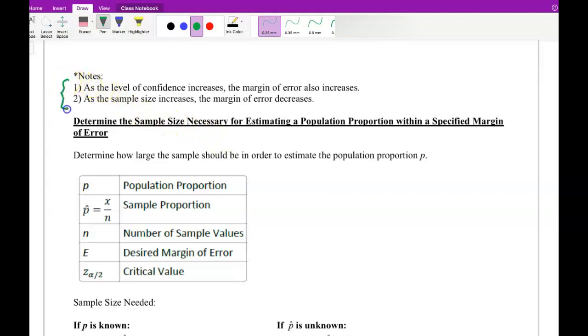We also have these two, based on what we covered already. If the level of confidence increases, that means the margin of error also increases. Also, if sample size increases, margin of error decreases.